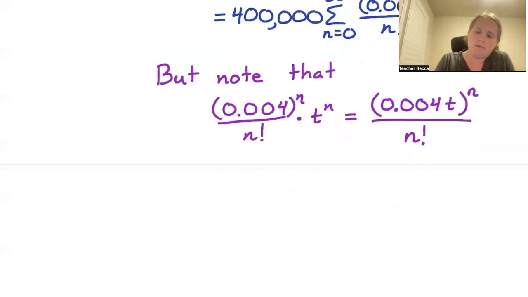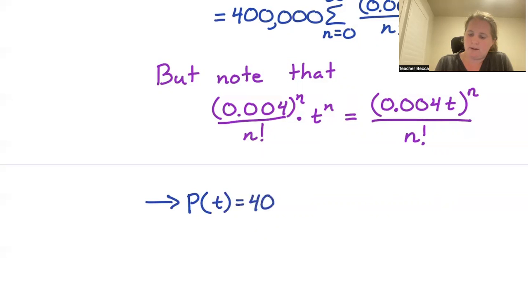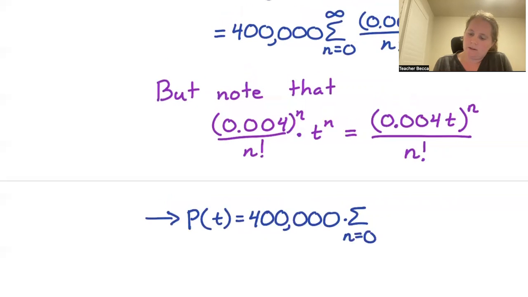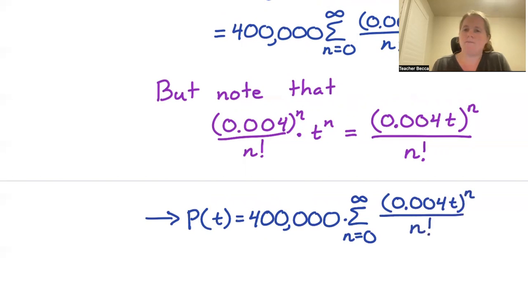So we have that p of t is therefore simply 400,000 times the sum from n equals 0 to infinity of 0.004 t raised to the n over n factorial.